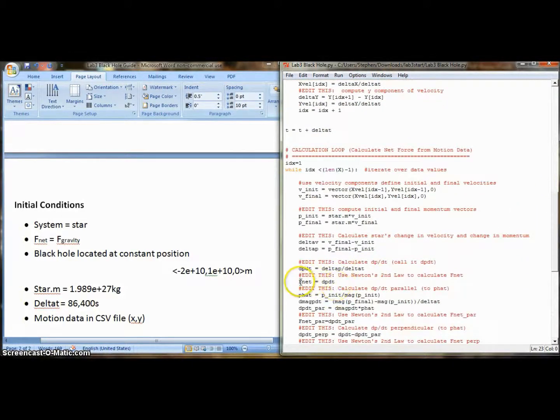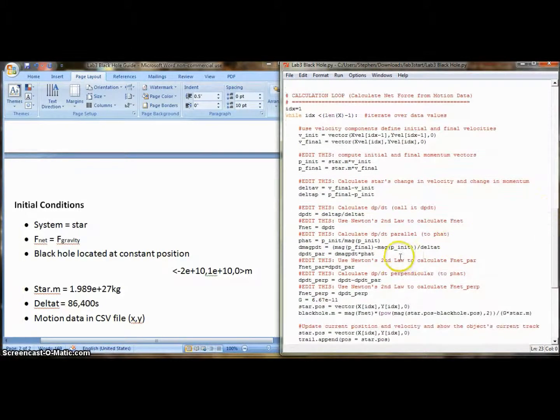Here is where we use the momentum principle to state that F net equals dp/dt. Next, to calculate the parallel component of dp/dt, we find the unit vector of the momentum to be equal to the momentum divided by its magnitude. Multiplying this by d|p|/dt will give us the parallel component of dp/dt.